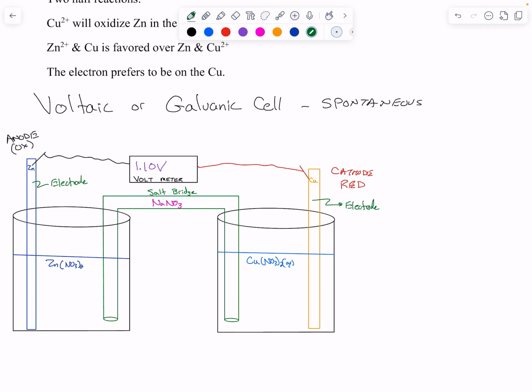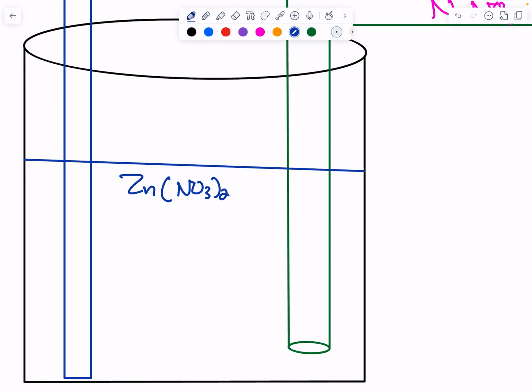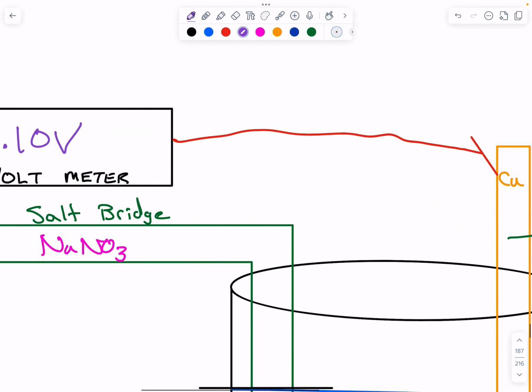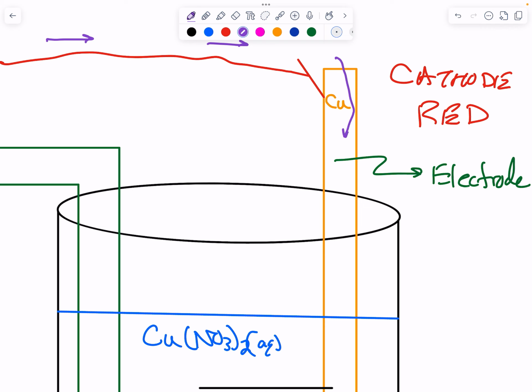So what happens? If we come down to this solution, I have zinc metal here, a zinc 0 atom, and that's going to come into solution as Zn 2+, and that means 2 electrons are going to go that way. The electrons keep going this way, through the voltmeter, and down the electrode.